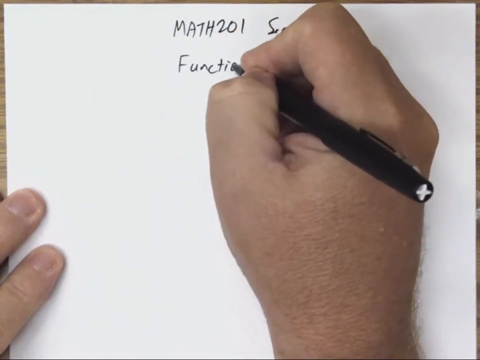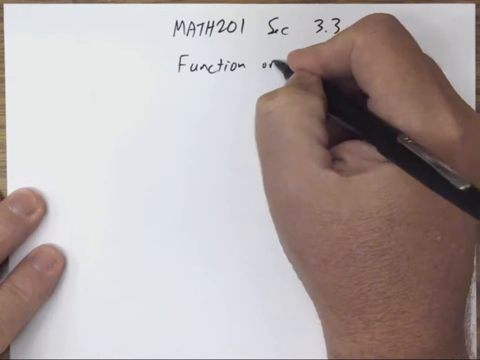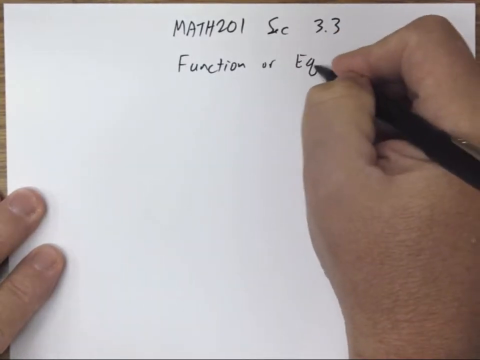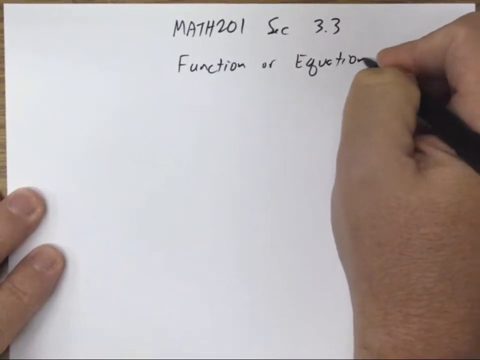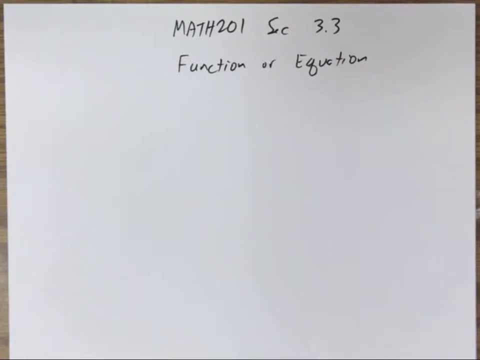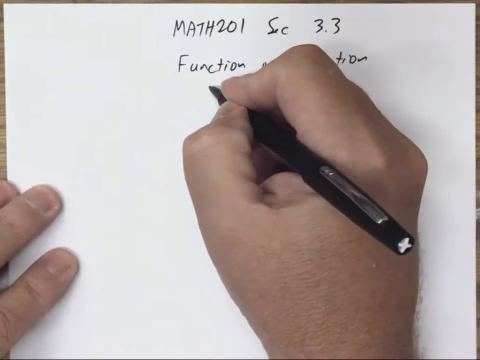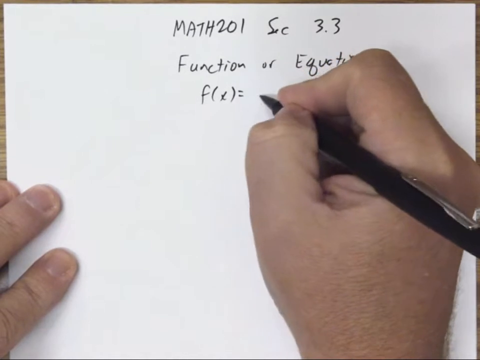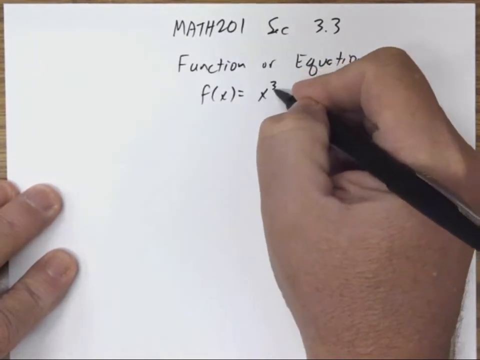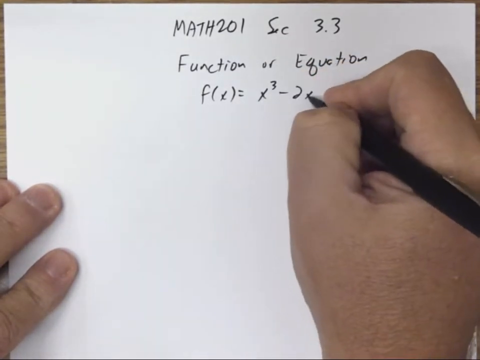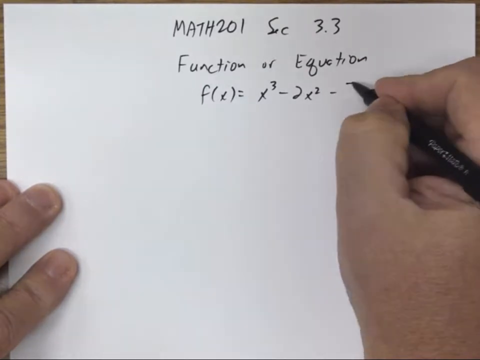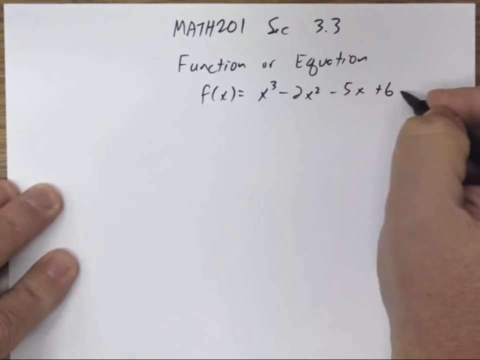So we're given some kind of a function, or it's really an equation. For instance, eventually I'm going to do two problems, and the first one is going to be f of x equals x cubed minus 2x squared minus 5x plus 6.